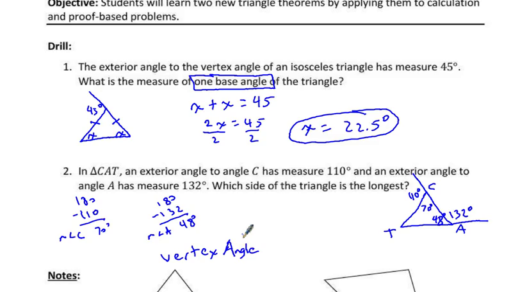And so we need to find the measure of angle T. And remember, the triangle sum theorem from last chapter says that angle T plus 70 plus 48 equals 180 degrees. 70 and 48 is 118.